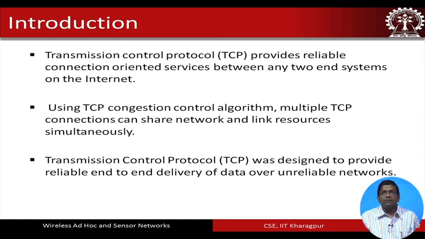TCP for the internet took into consideration that whatever the network may be, whether it is reliable or unreliable, it is required to offer end-to-end reliability of delivery of data, and this is what TCP does to offer guarantees of delivery of data.